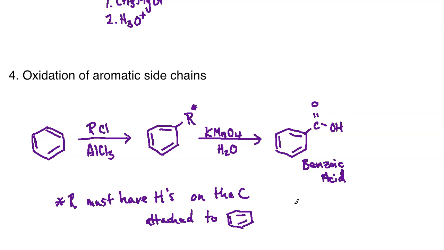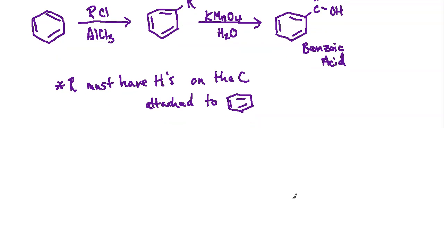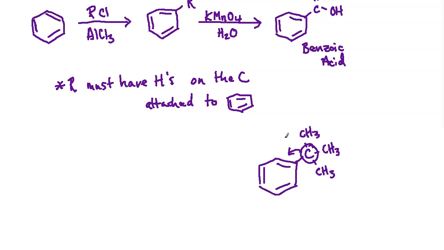So in other words, just to give you an extra example here, if I had this aromatic ring, and then the group that I had looked like this. It was a t-butyl group that was coming off of that aromatic ring. Well, even though those CH3s do contain hydrogens, the carbon directly attached to the benzene ring does not have any hydrogens available.